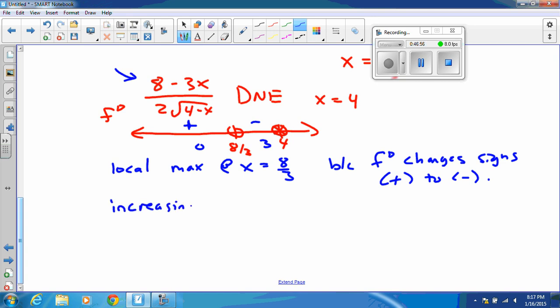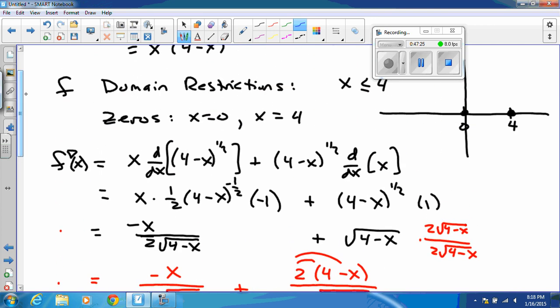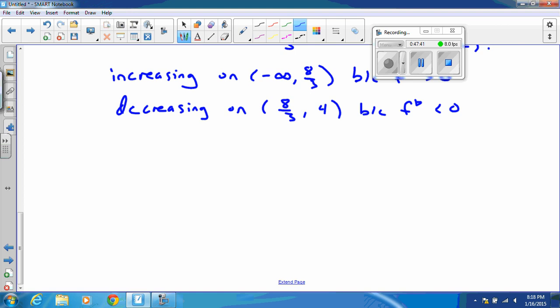I notice that I have a local max at x equals 8/3, because f prime changes signs from plus to minus, and I am increasing on negative infinity to 8/3 because f prime is greater than 0, and I'm decreasing on 8/3 up to 4 because f prime is less than 0.